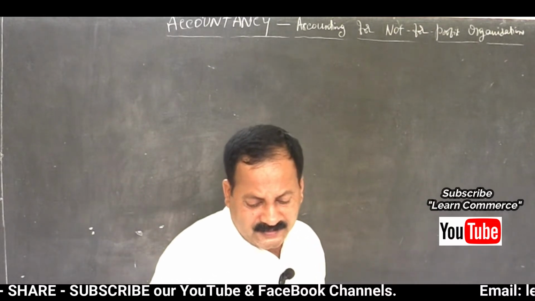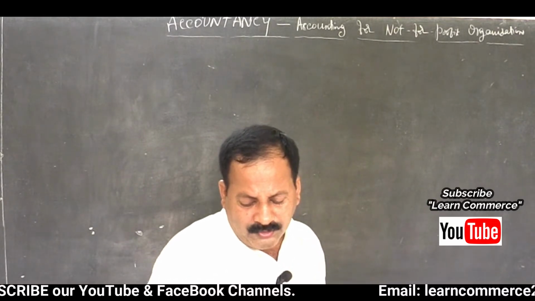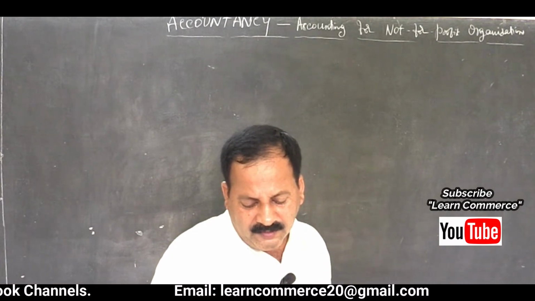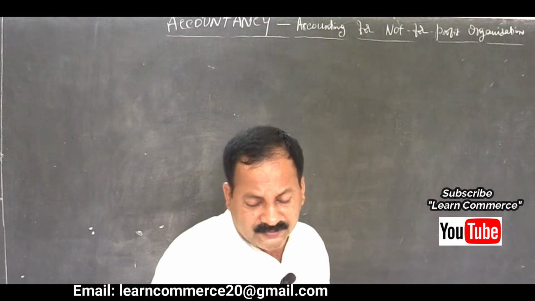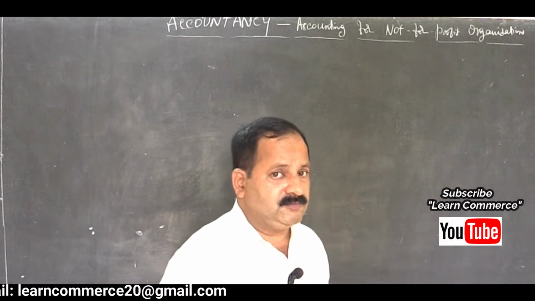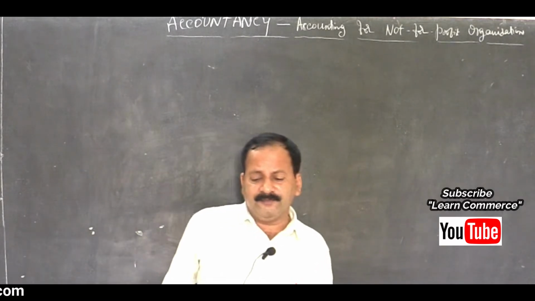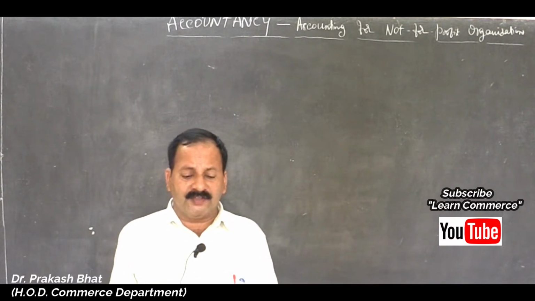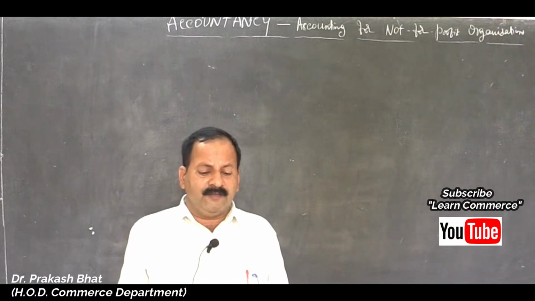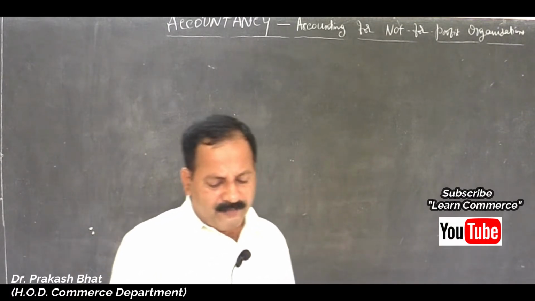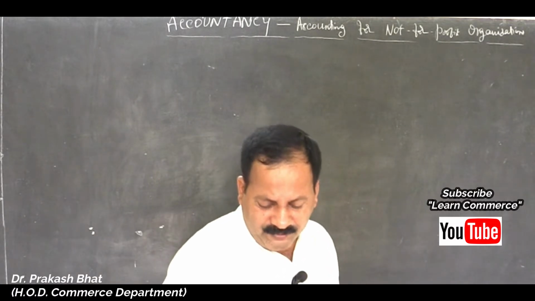On April 1st, 2017, the club owned furniture of 15,000, and furniture valued at rupees 22,500 on March 31st, 2018. What does that mean? 15,000 worth of furniture at the beginning of the year, and the closing value of furniture is 22,500.